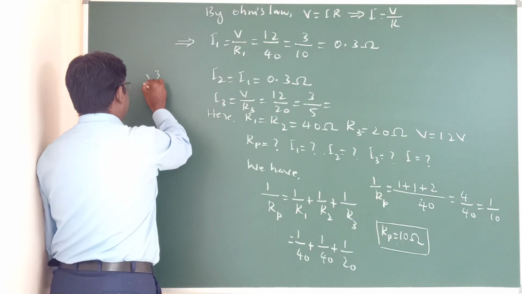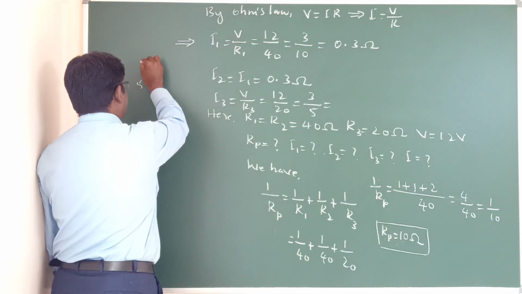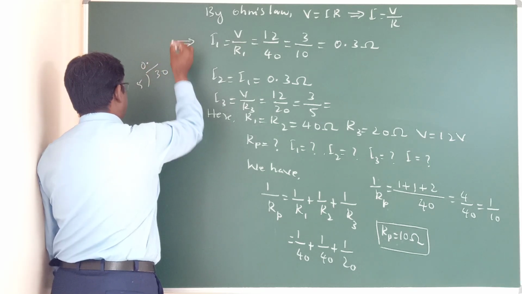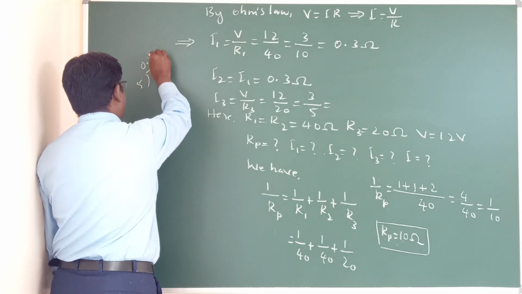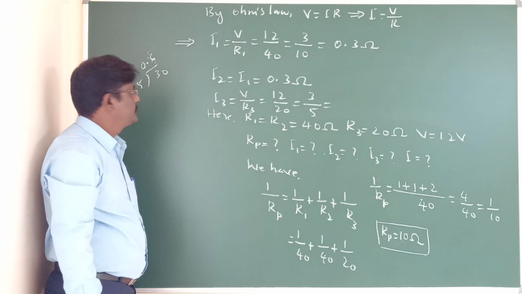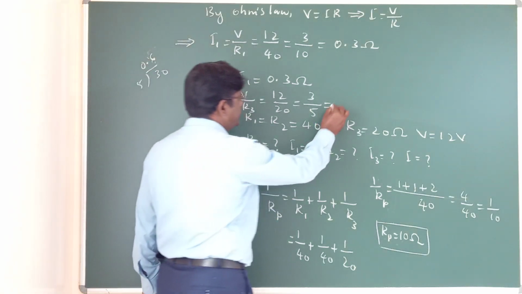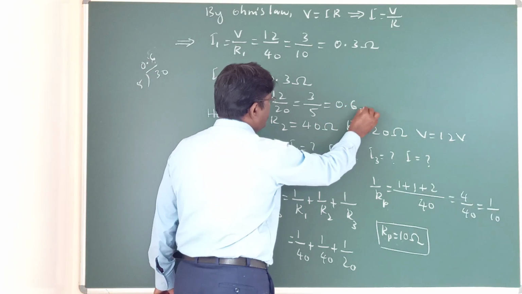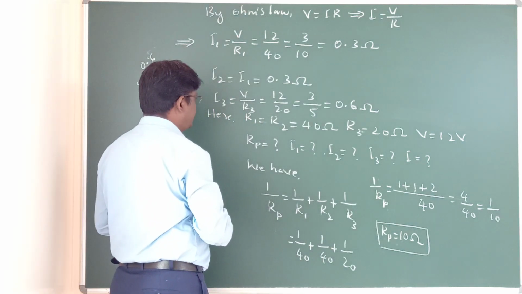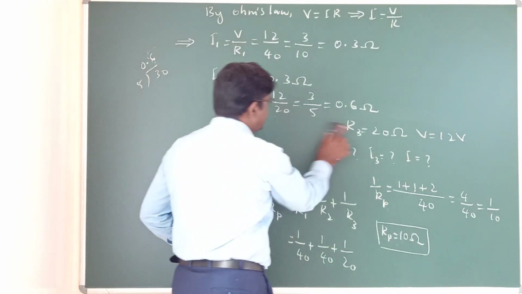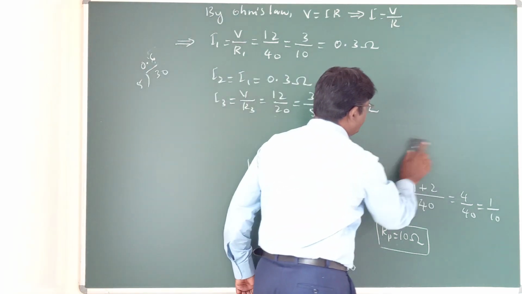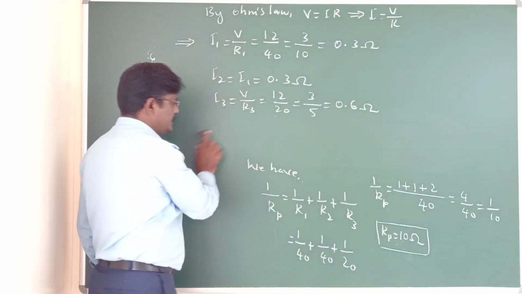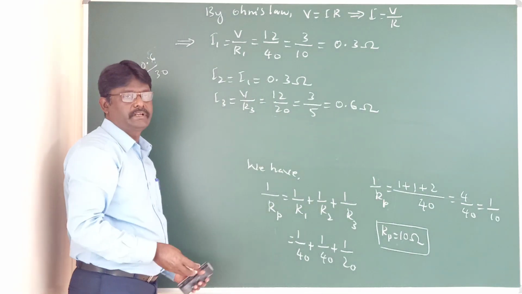Check once: 5 into 0 point, therefore 6. Hence it is 0.6. So this is how we can get the current through each resistor.